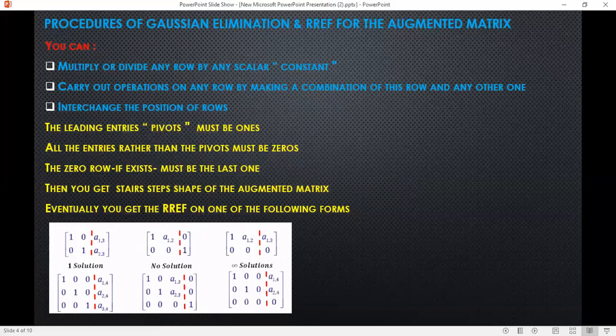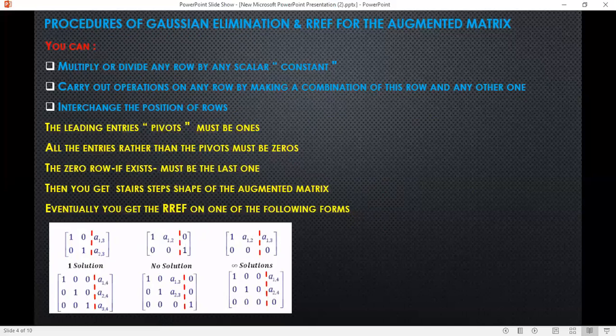And here we have case number 3, an infinite number of solutions, where x plus y is equal to 0. Or in other words, we can say that the two linear equations are equivalent to only one equation in two variables.